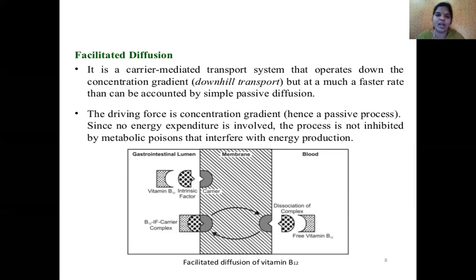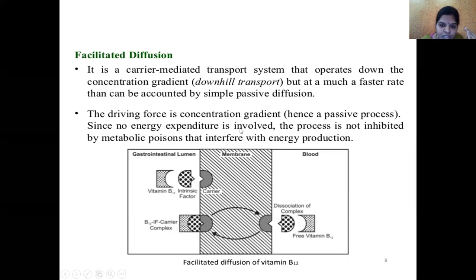Lumen is also called membrane, so don't get confused. This is called downhill transport, but at a much faster rate than can be accounted for by simple passive diffusion. You may attain a much faster rate of diffusion as compared with normal diffusion.